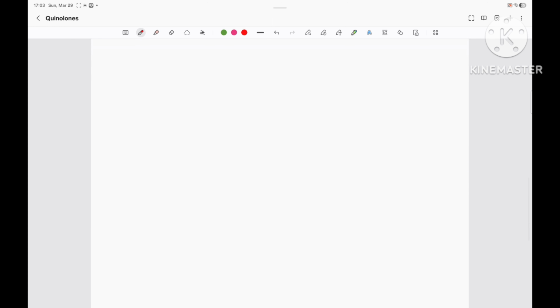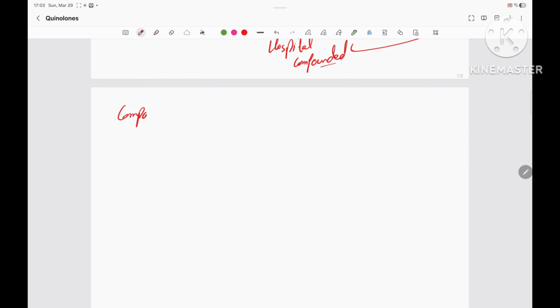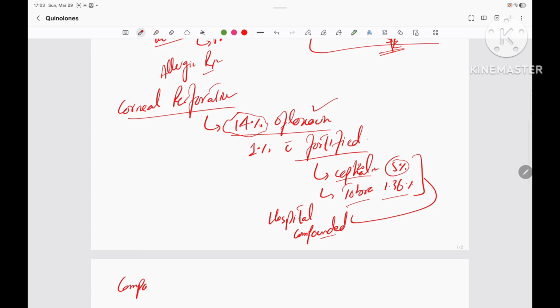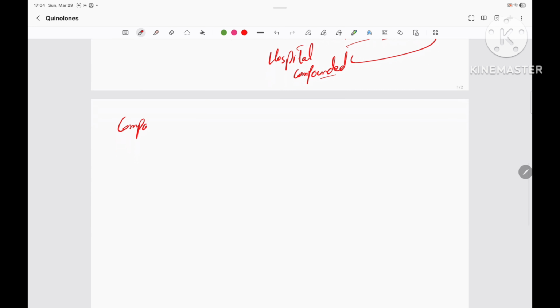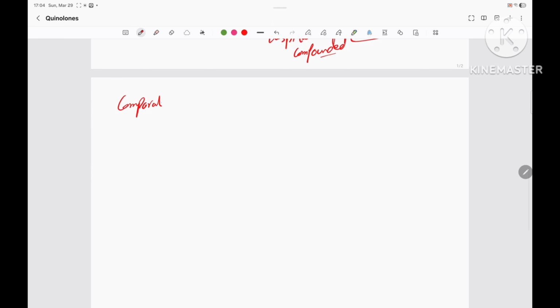If we talk about comparative information, 14% risk from ofloxacin doesn't mean that ciprofloxacin is safe, but it is actually safer than ofloxacin. Still, it will have a risk of causing corneal perforation.